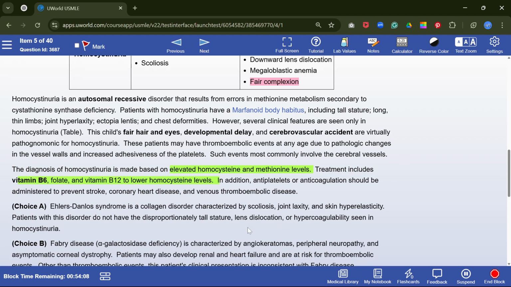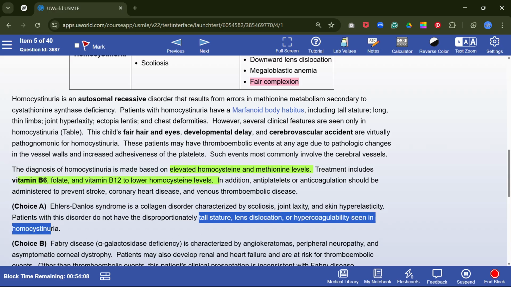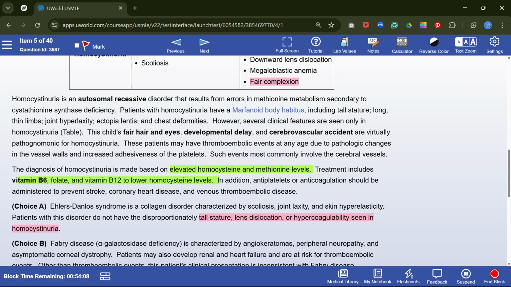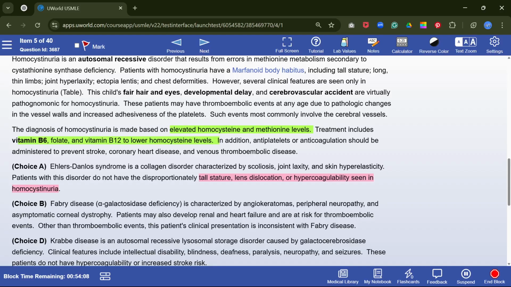But patients with this disorder do not have tall stature, lens dislocation, and hypercoagulability. These three things, tall stature, lens dislocation, and hypercoagulability, are not seen in Ehlers-Danlos. They are seen specifically in homocystinuria.